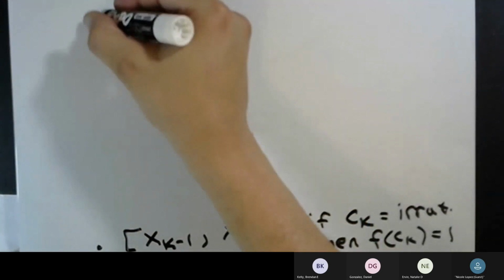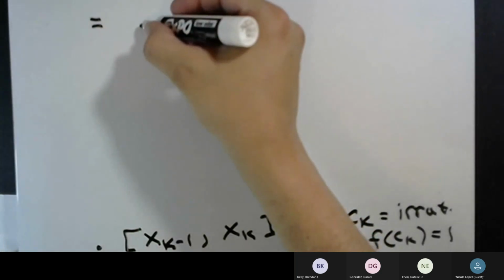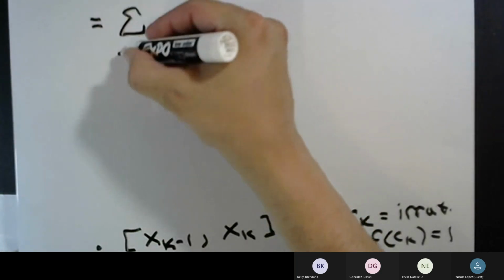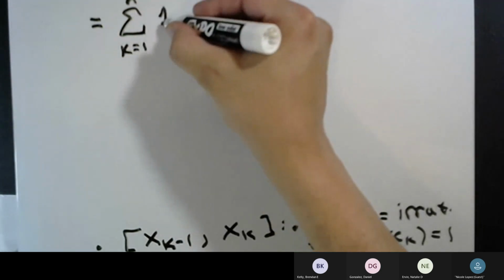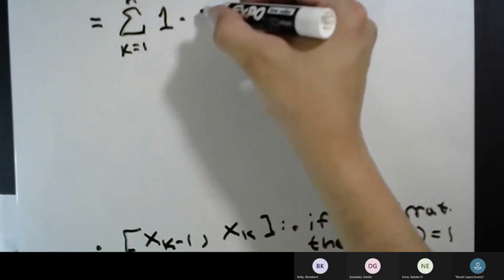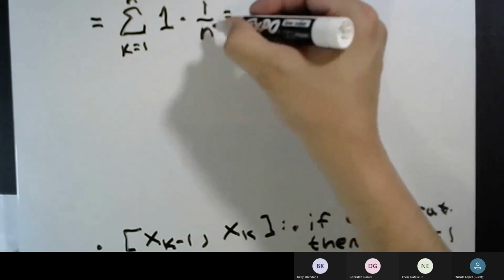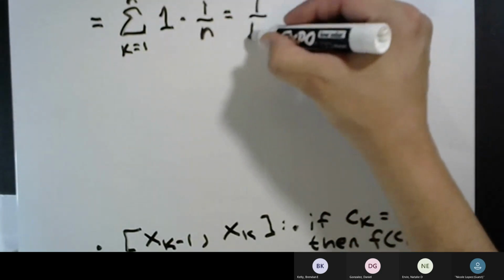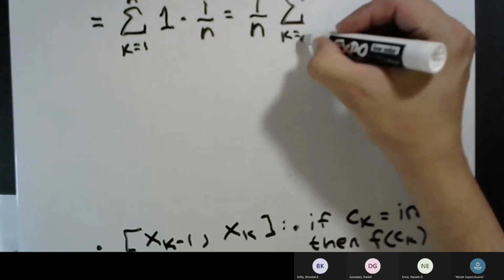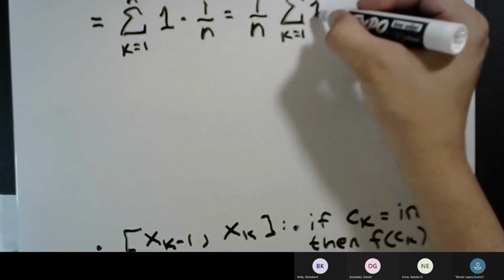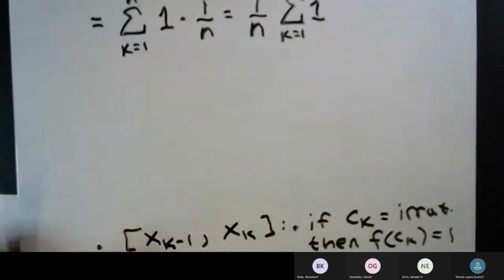So that's going to turn this sum, we're going to call it an upper sum because it's going to turn out to be the bigger sum, into the sum from k equals 1 to n of 1 times delta xk, which is 1 over n. This is a constant, n's a constant, so this pulls through, and we're adding 1 up n times.